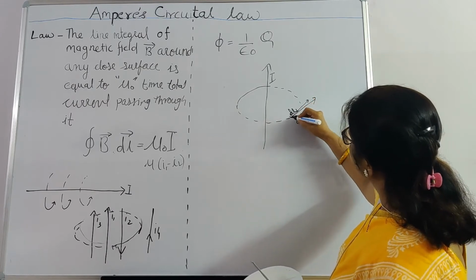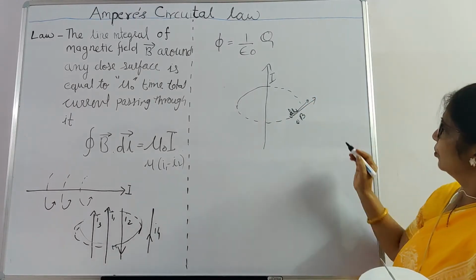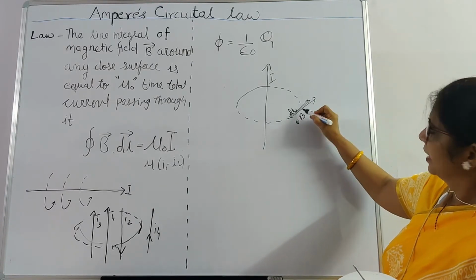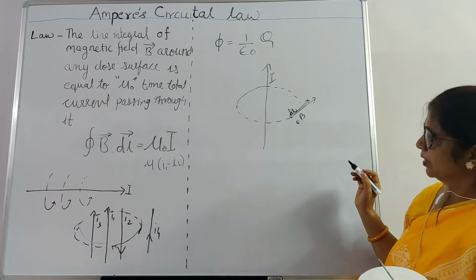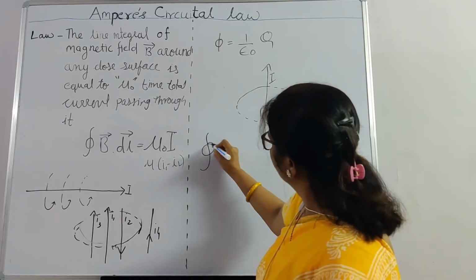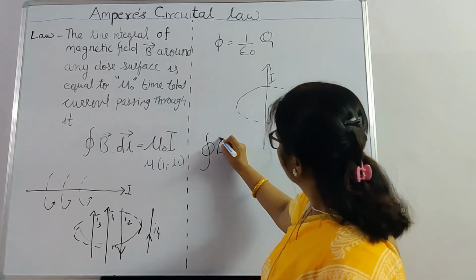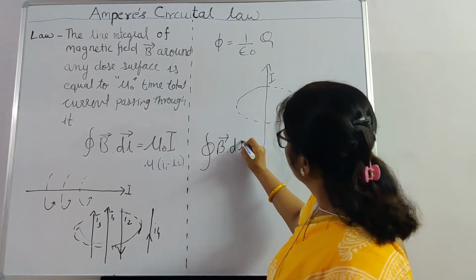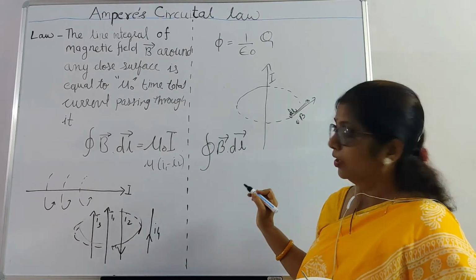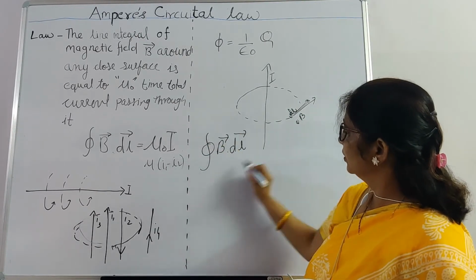We are taking here a small element dl, so both are going in the same direction. There is no angle in between. So the line integral of B dot dl, this is called the line integral for the whole line, for the whole surface.